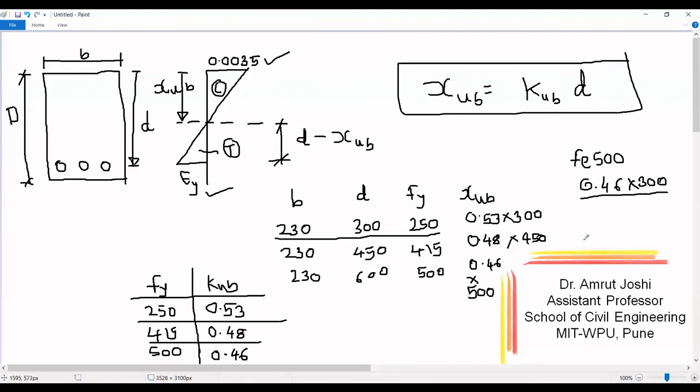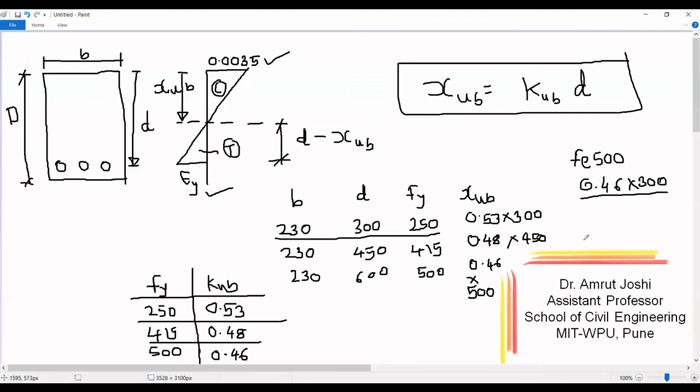So let us summarize. Summary points are as follows. XUB by definition is the position of the neutral axis at failure for a balanced section, measured as the distance between the neutral axis and the extreme compression fiber.